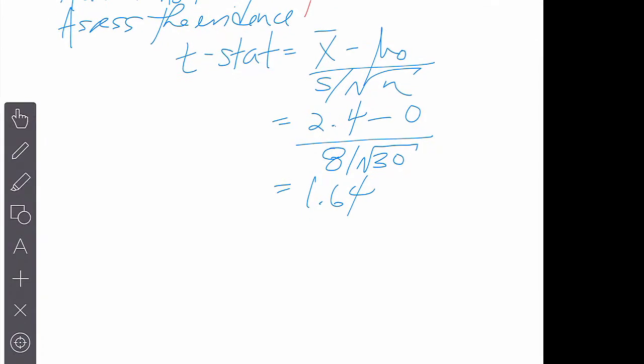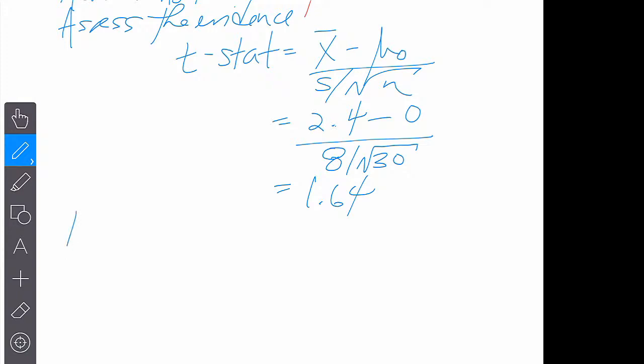The next step is the p-value. So is that significantly different? Is that far enough away from 0? Is 2.4 strange enough or high enough? I don't think so, but let's see.